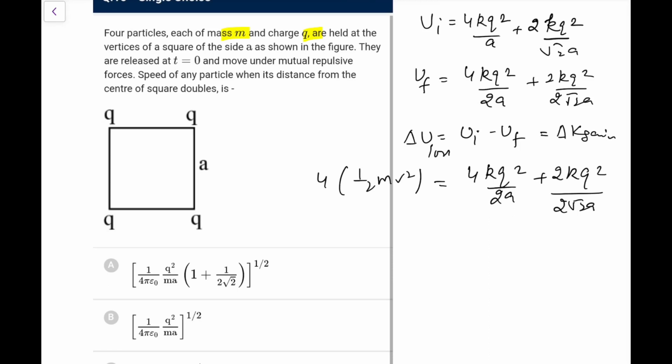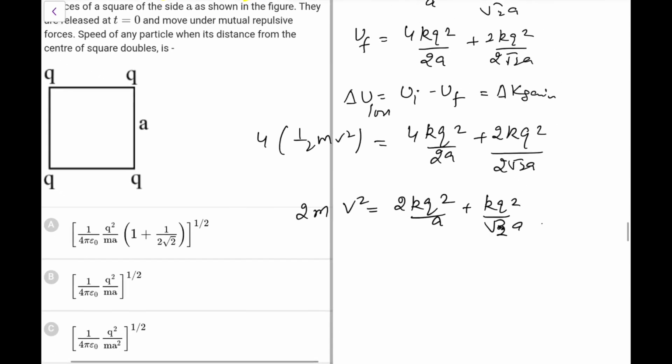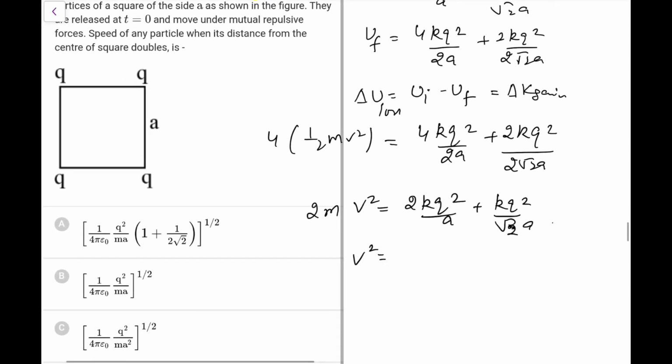So this is 2mv square equal to 2 kq square by A plus kq square by root 2A. So v square is going to be k, I can write as 1 upon 4 pi epsilon naught, q square upon ma, times 1 plus 1 upon 2 root 2. So I think the first option is the most appropriate one to me.